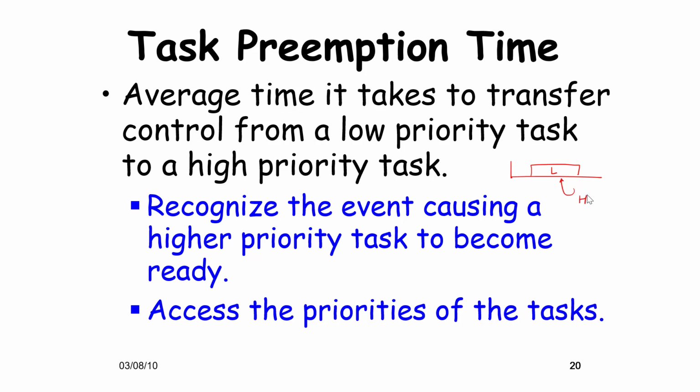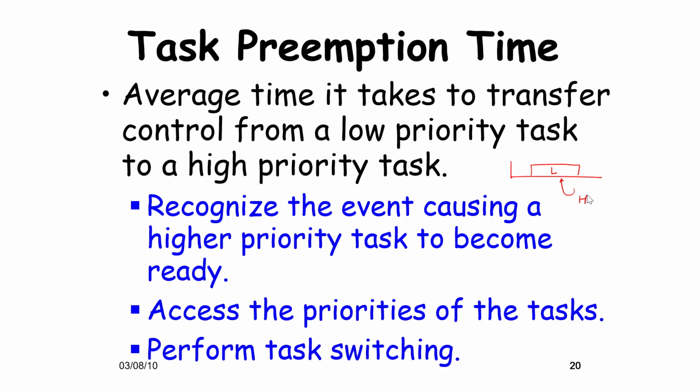So we need to access the priorities of the tasks and we need to take decisions accordingly, right? So this task preemption time would include everything, in the sense recognizing that a high priority task is coming, accessing the data structure for priorities and performing the switching.